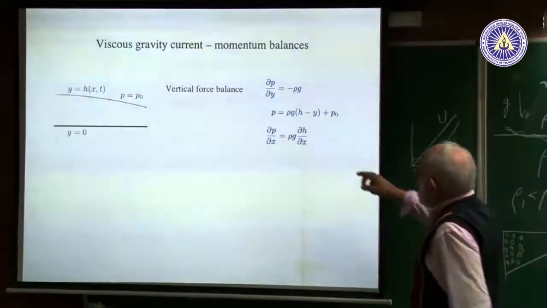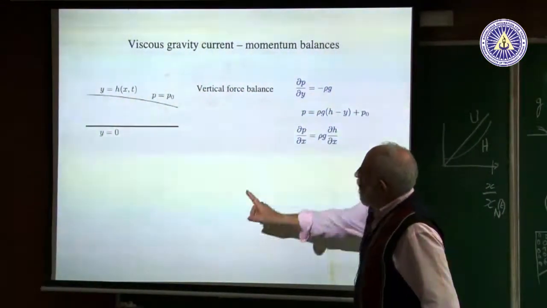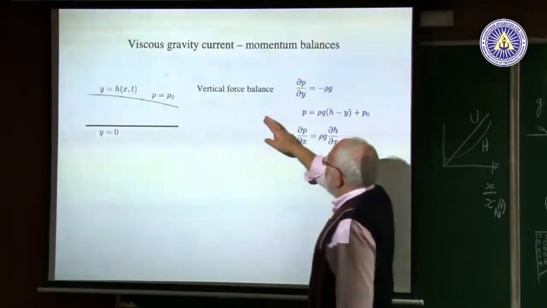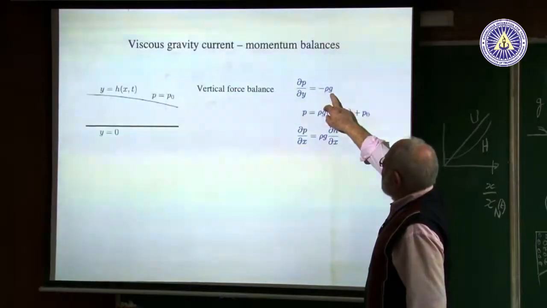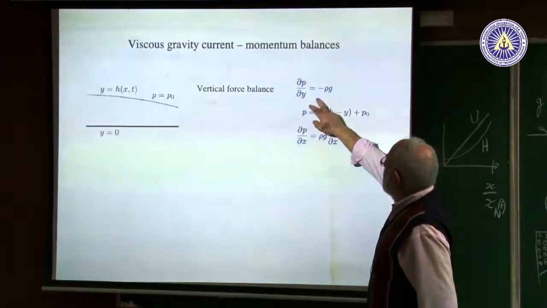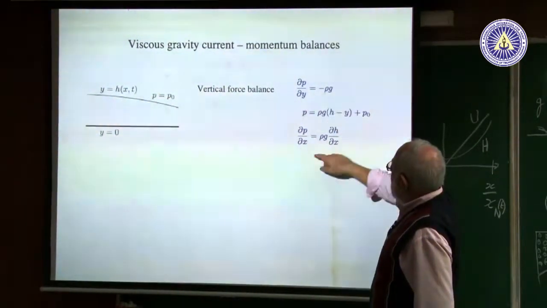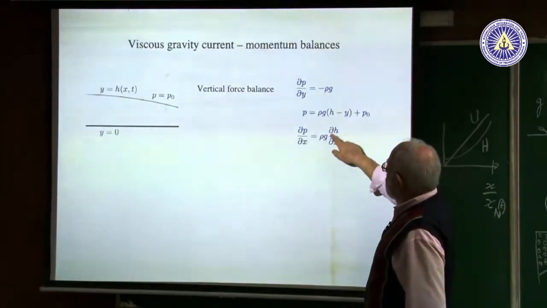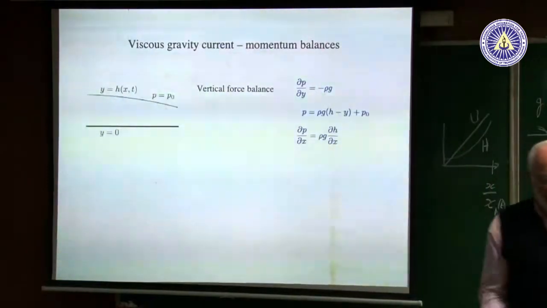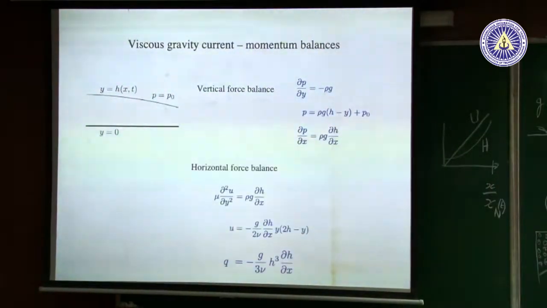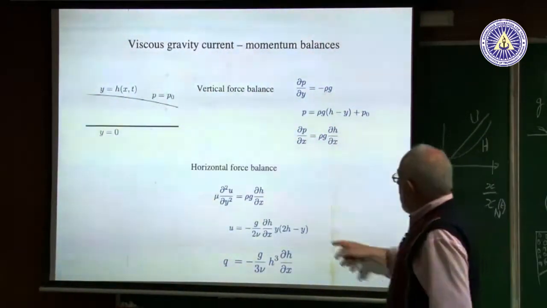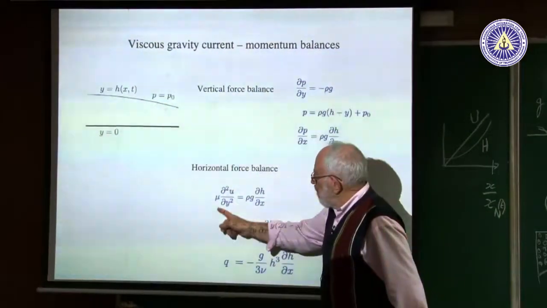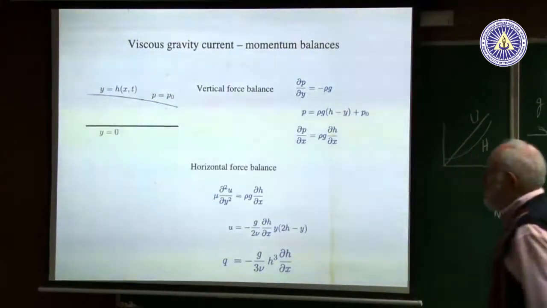So y is now upwards, y is 0, y equals h of x and t, which we don't know, we want to find out. dp/dy is minus rho g, that's just the hydrostatic approximation. We integrate that, and that tells us how p varies with x, because dp/dx is rho g dh/dx. We don't know what h is, but we can evaluate that. dp/dx is related to the shear, mu d2u/dy squared.